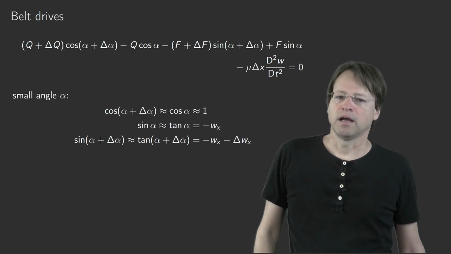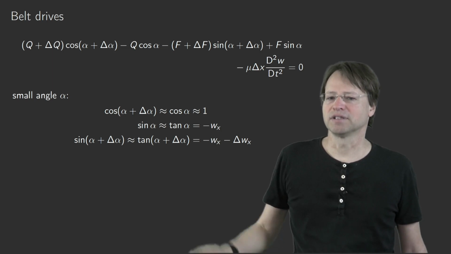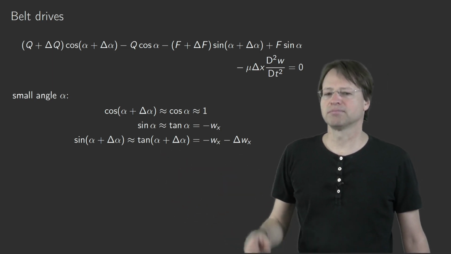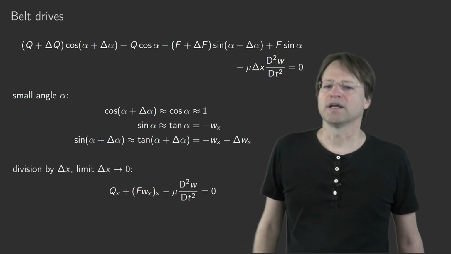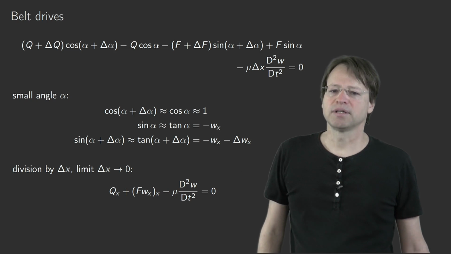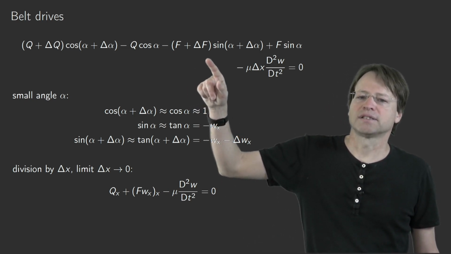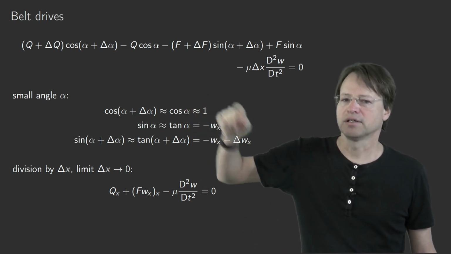Yeah? So, last equation, sorry, forgot. Sine alpha plus delta alpha is replaced by tangent alpha plus delta alpha, minus wx minus delta wx. So now here comes the first term, qx. The second term is a little bit more difficult to see, perhaps. You have f plus delta f, which you multiply by, so the negative sign here goes away.